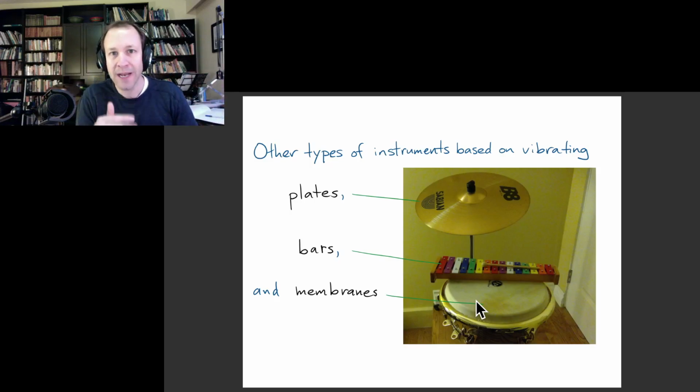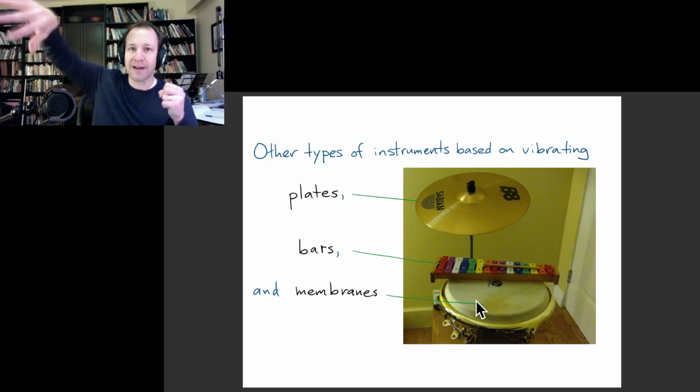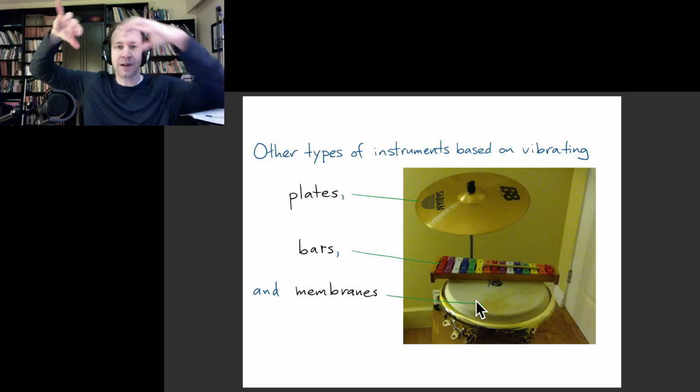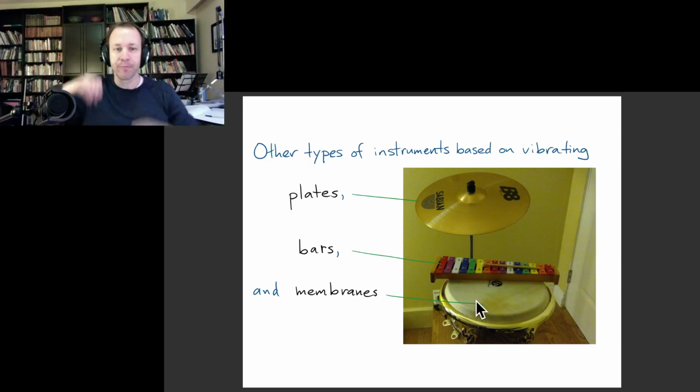And so what tends to happen is that you don't just get simple multiples of the fundamental. In this case, you get a bunch of higher frequencies which are not related in a simple way. And that's why most of these percussive instruments, when you play them, there's often some sense of a tone.